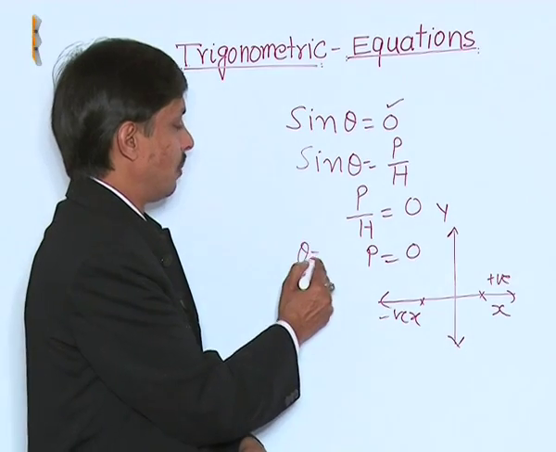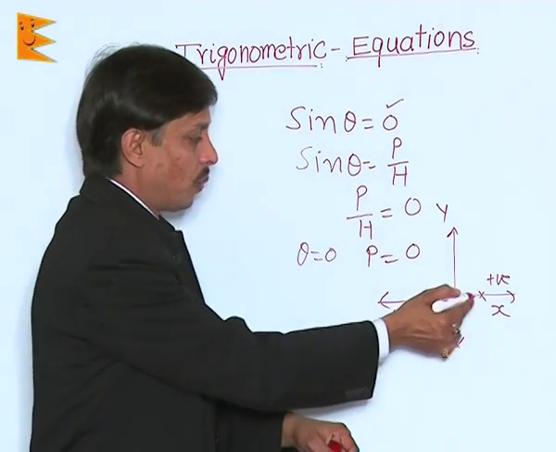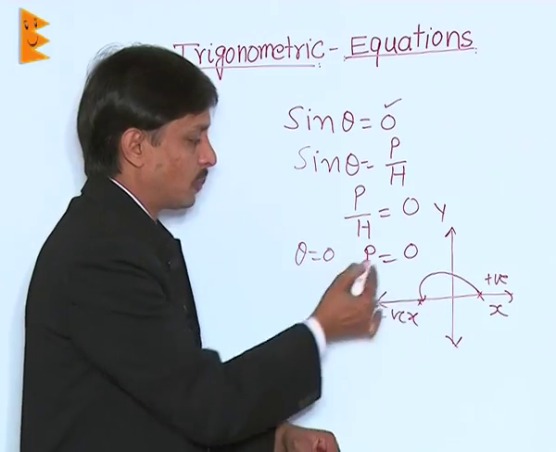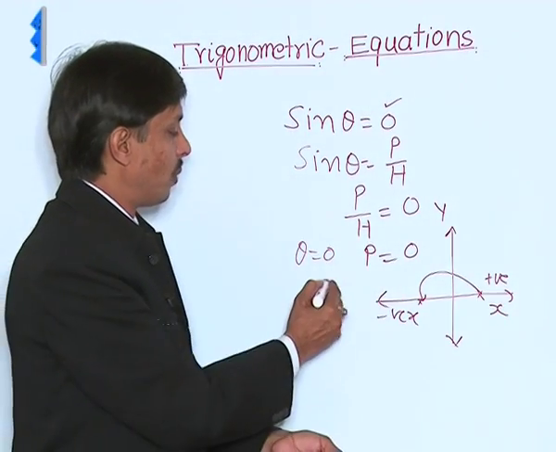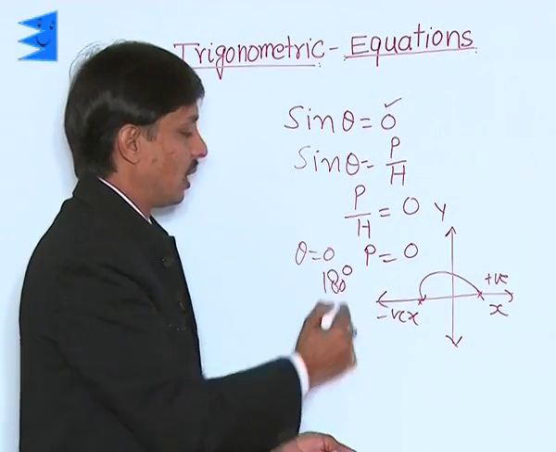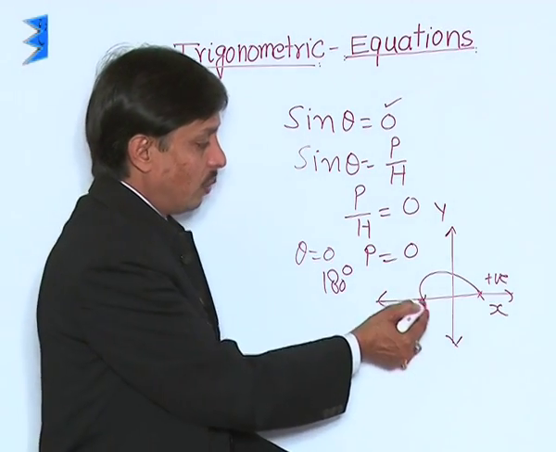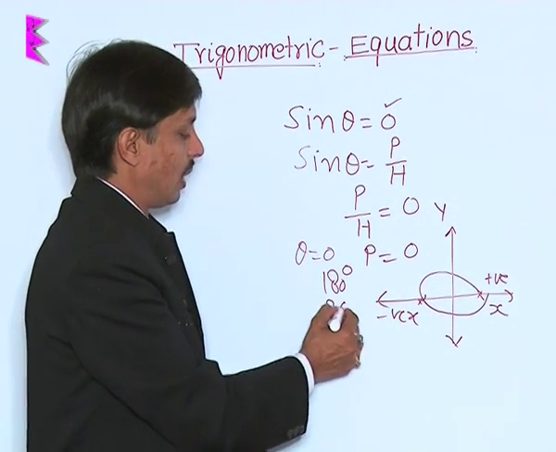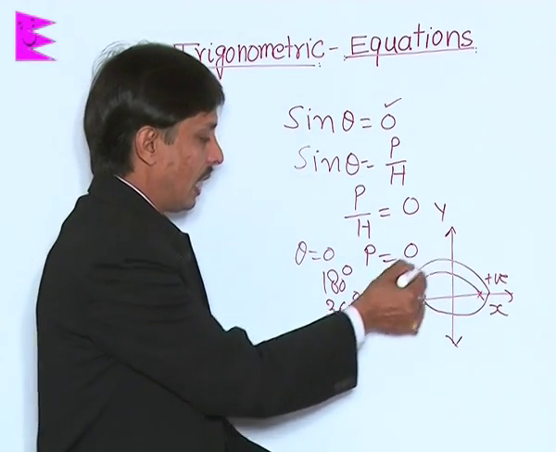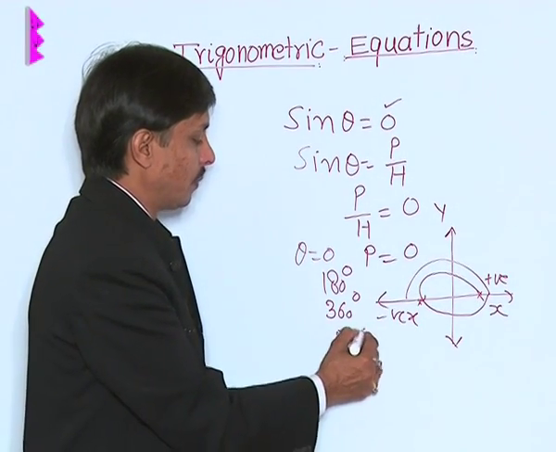So what are the angles? That is, theta may be 0. If we move from this point to this point, it means we have moved 180 degrees, or the angle is 180 degrees. Again we have to come here, the angle may be 360 degrees, the angle may be 540 degrees.